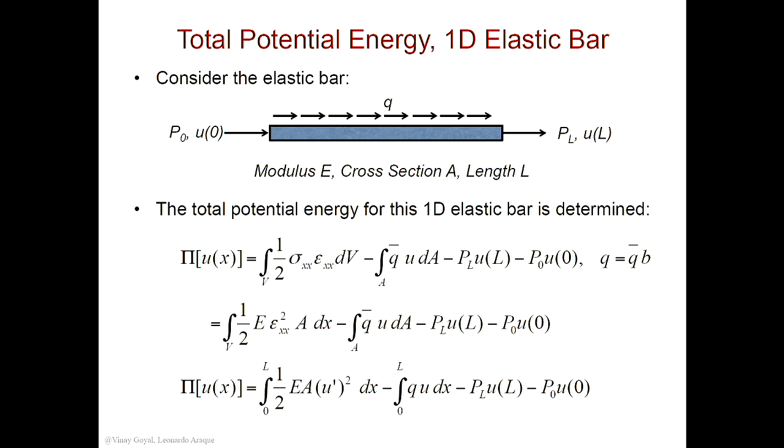Okay, so what I'm going to do now, I'm interested in minimizing this total potential energy, which is a function of another function, u(x). Of course you can see here, there's a u here, a u there, a u there. Yes, it is a function of a function. I am applying these loads to this structure, and I want to find what displacements minimize its total potential energy, because those displacements are the ones that render this system in equilibrium.